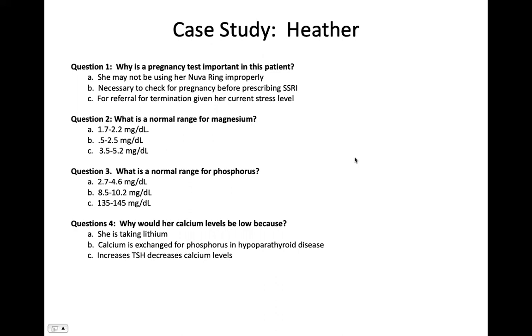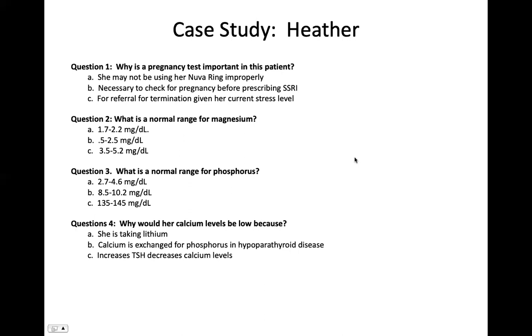Okay. Question 4, why would her calcium levels be low? Sorry. Why would her calcium levels be low? Because basically it's the calcium phos interaction.